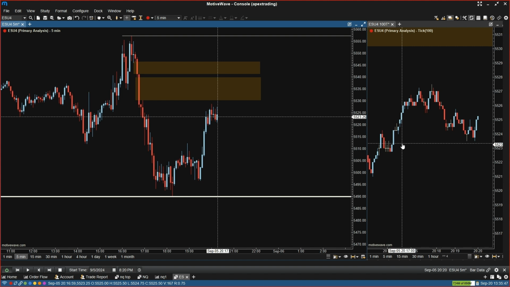Base hits for me, and then move on. Or I can just maybe scalp on the 100 tick chart and look at the 5 minute for a possible entry there to hold longer, right?